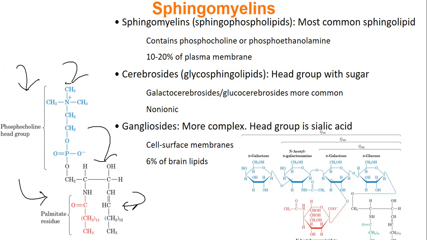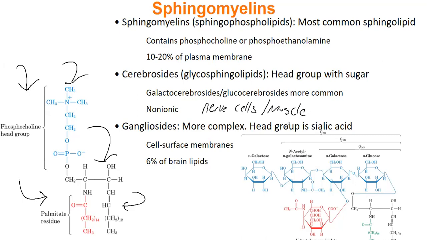Are cerebrosides also found in the brain? I think so. Let me just double check that really quick. Yeah, so cerebrosides, not on here, but it looks like they're found in nerve cells, and also muscle cells is where you're going to find these in the membrane.